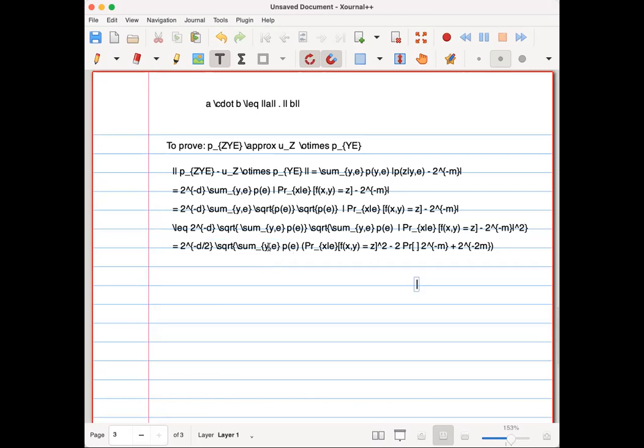Sum over e of p will be 1, and then sum over y will be 2 to the d. So what do I get out here? I get then the square root. So this whole thing becomes equal to 2 to the minus m, then plus. So that is the contribution from the very last one.